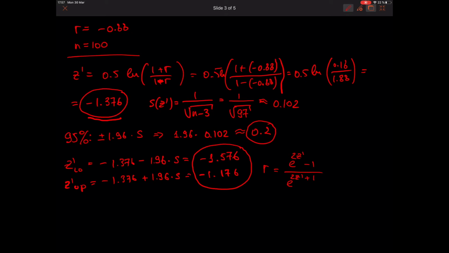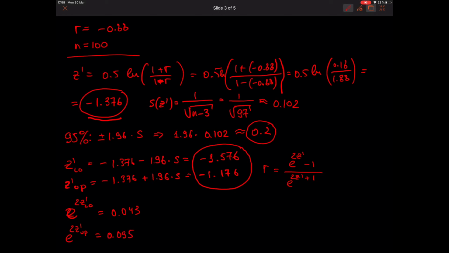Let me calculate e to the power of 2z prime lower first. I take minus 1.576 times 2, and use it as a power of the exponential function, and I find it will be 0.043. And then e to the power of 2z prime upper boundary: I take minus 1.176, multiply it by 2 and use it as a power of the exponential function, and it gives me 0.095.